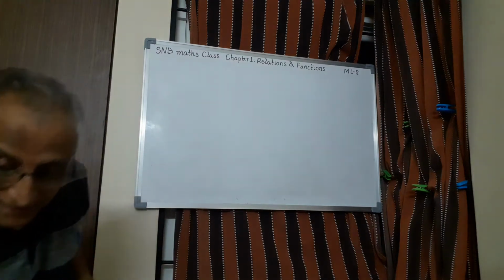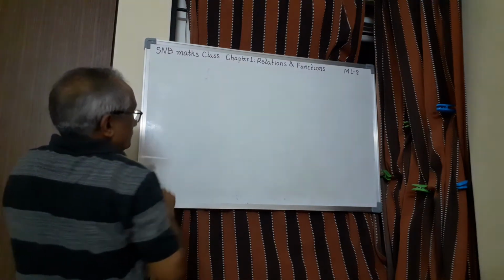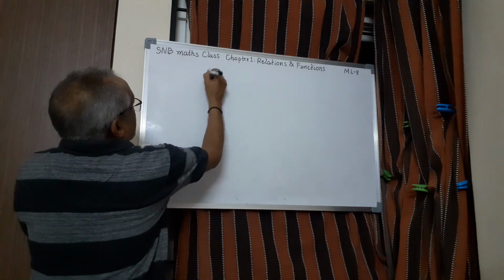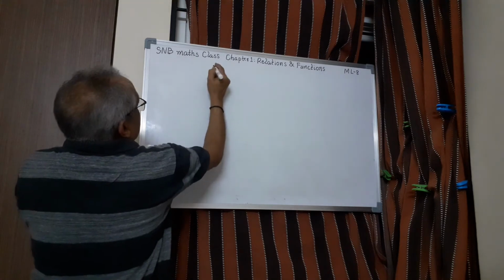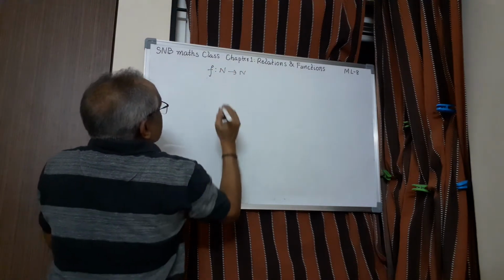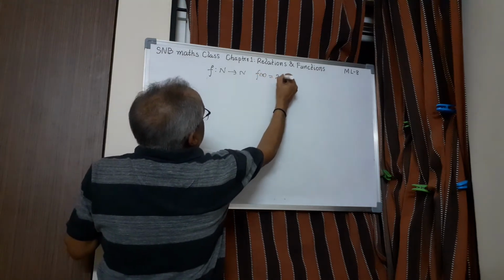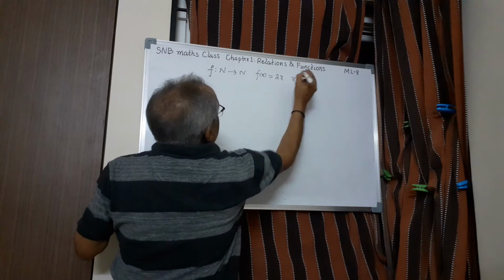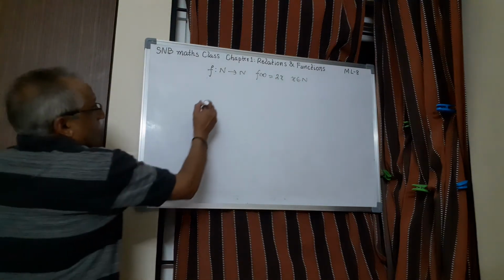Let us take an infinite set. Say f is a function from n to n defined by f of x equal to 2x, x belonging to n. Now, this is 1 1. You can even draw the diagram.